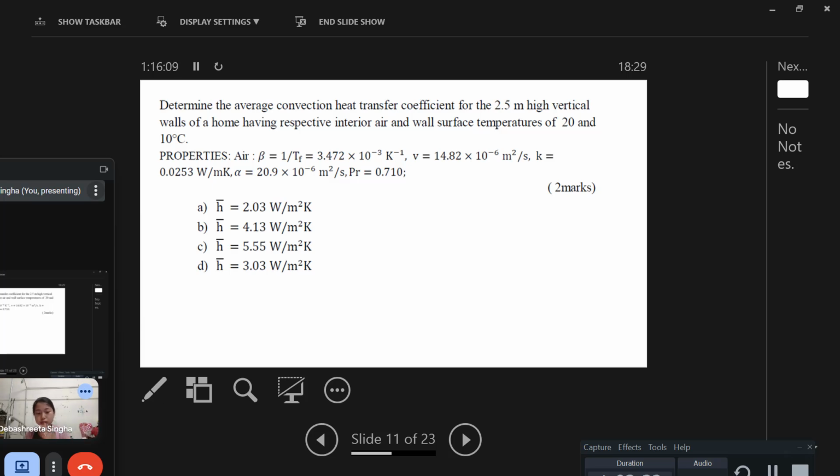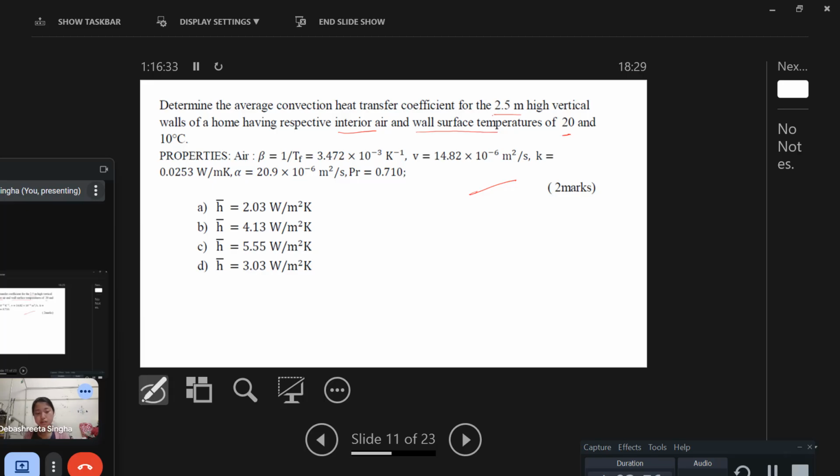Okay, so it's a surface structure of four walls, like a home. The height is around 2.5 meter high vertical walls of a home having respective interior air and wall surface temperatures.